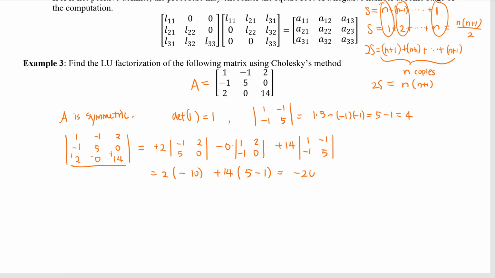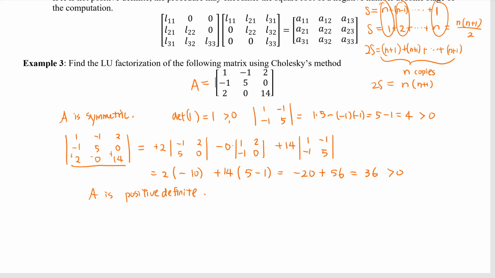So -20 plus 14 times 4. 14 times 4 is 56, right? So the answer is 36. You see, all of the upper left submatrices have positive determinants. So A is positive definite.